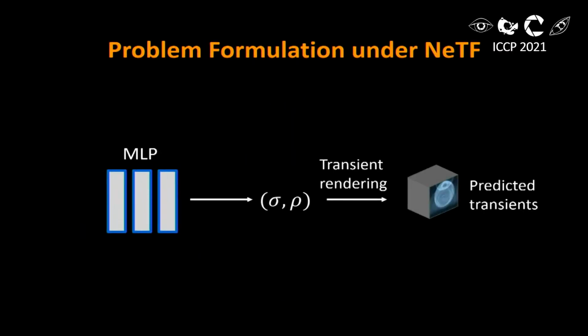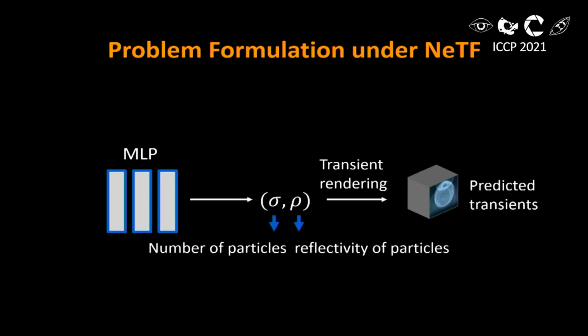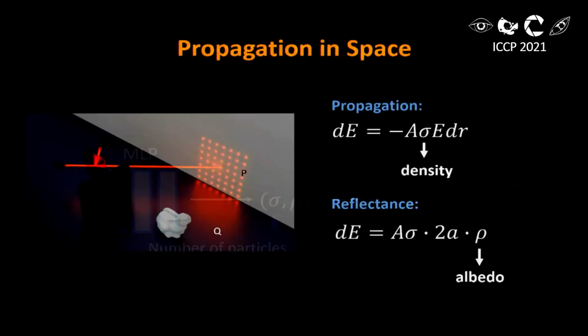Now, let's take a closer look at our transient rendering technique. Our rendering model considers the density as the number of elementary particles in space and albedo as the reflectivity of them in a certain direction. In this way, the energy change during the wavefront propagation comes from the absorption and reflectance by particles.